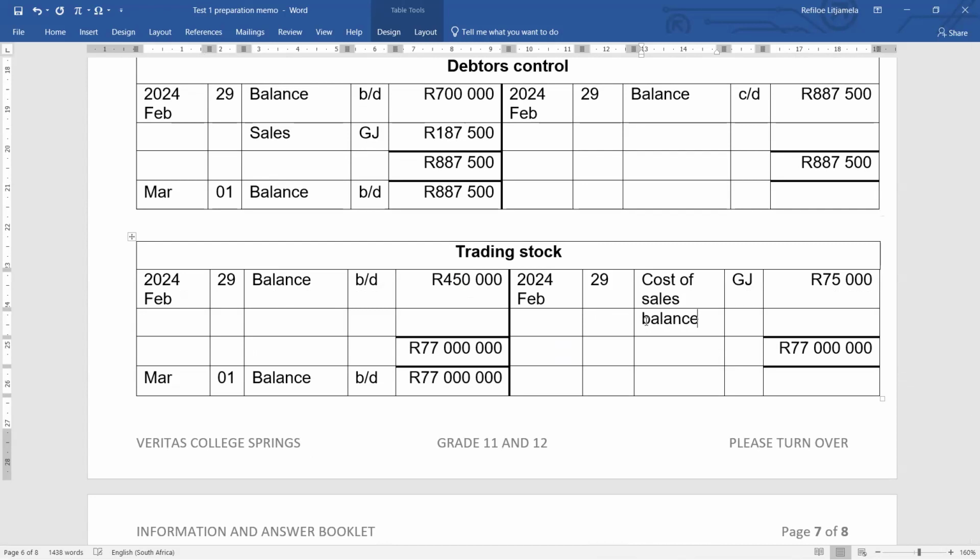And I will have my balance carried down here, which is the 450,000, your minus 75,000. Let's see how much that gives us. 450,000 minus 75,000. It gives me 375,000.